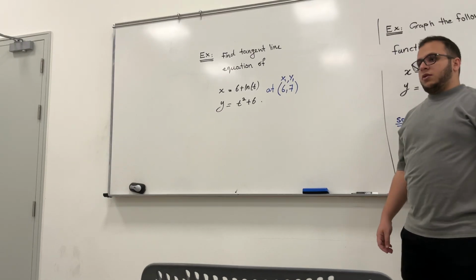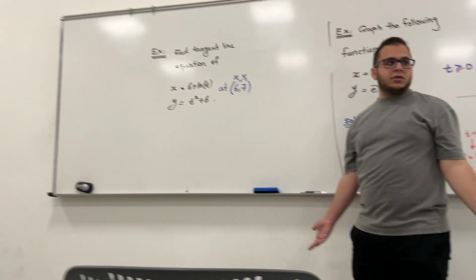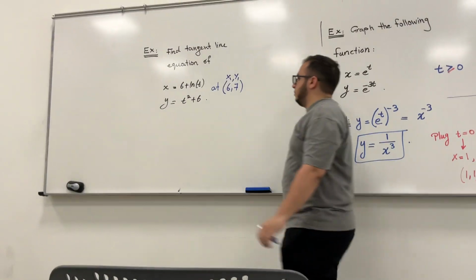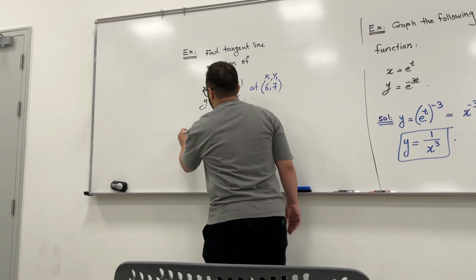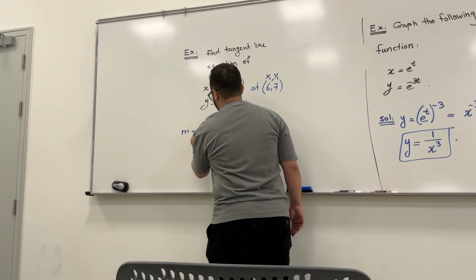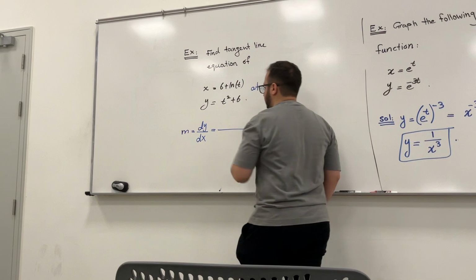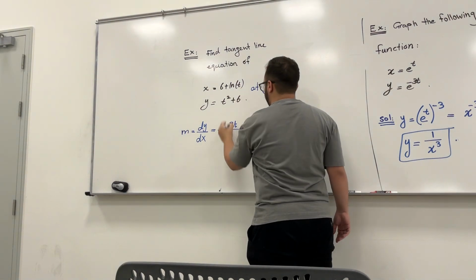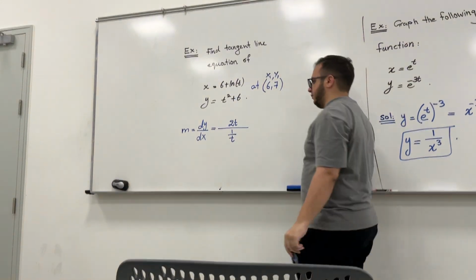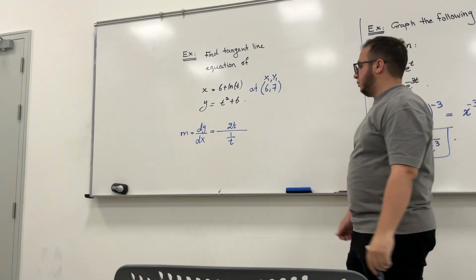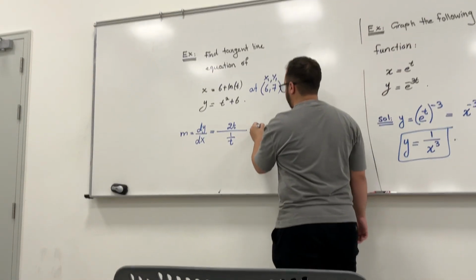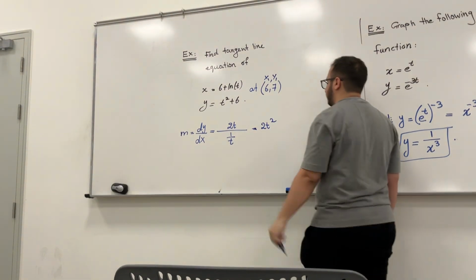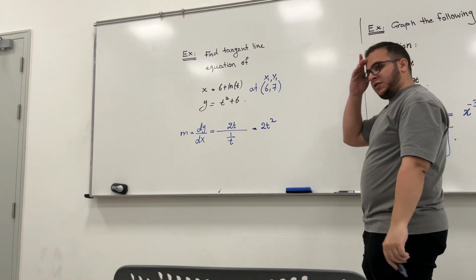So what do I have to find then? The slope. What's the slope? Which is dy/dt divided by dx/dt. Which if you simplify, you will get 2t squared. I need to plug in the t, right?